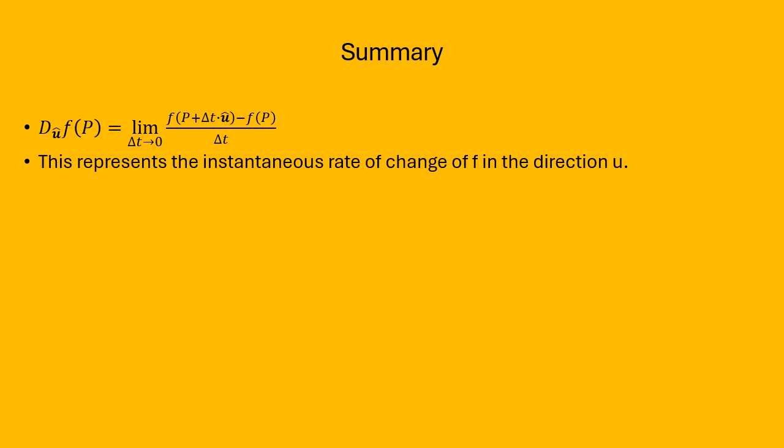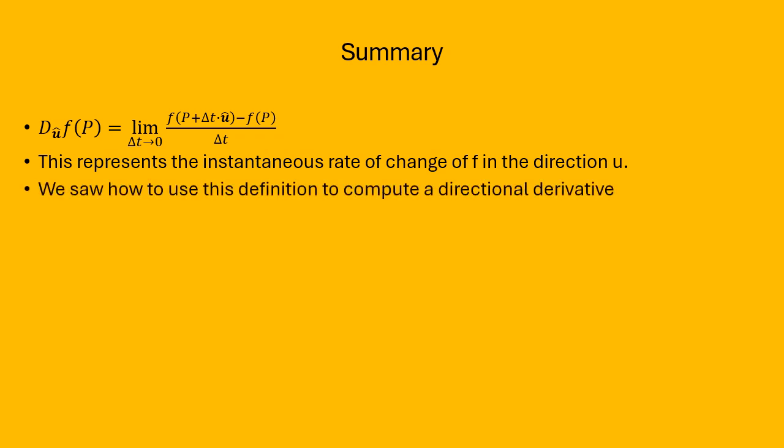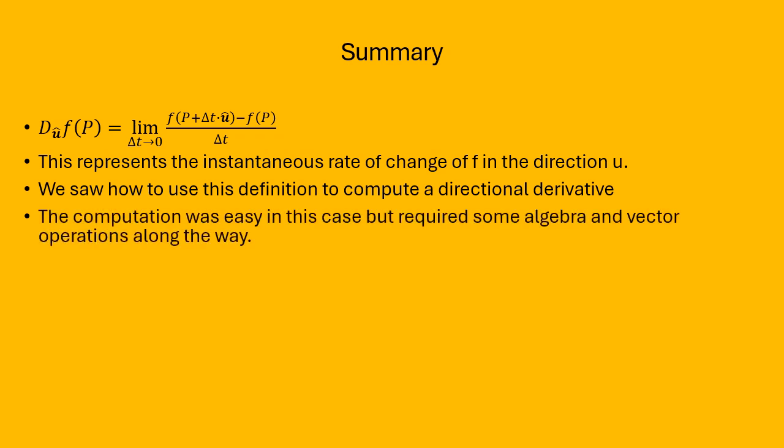We saw that this represents the instantaneous rate of change of f in the direction u. We saw how to use this limit definition to compute a directional derivative. The computation was easy in this case, but required a little bit of algebra and vector operations along the way. It took about one slide to do that calculation.